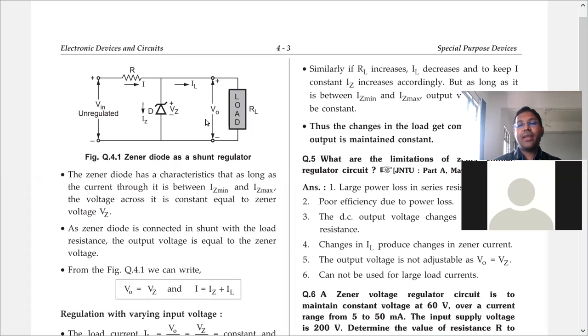The two points at the top are joined, so the potential is the same. The two points at the bottom are joined, so the bottom potential is also the same. So the potential difference will also be the same. In simple words, whenever two electronic components are connected in parallel, the voltage across them is always equal. So now tell me, what is the relation between Vz and V naught? Anybody, please answer.